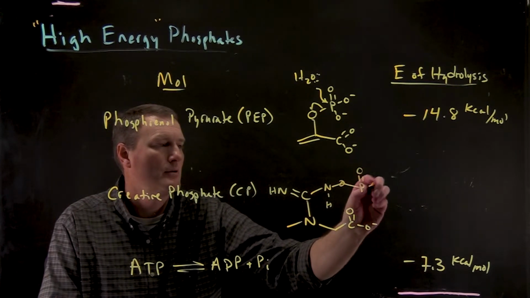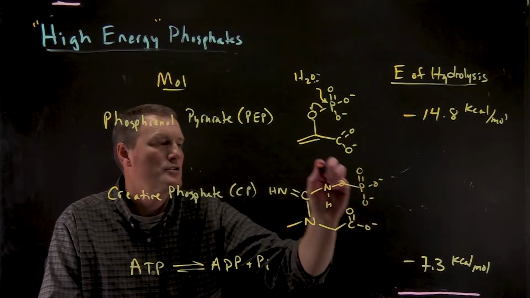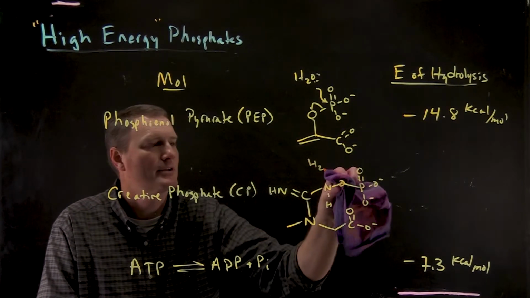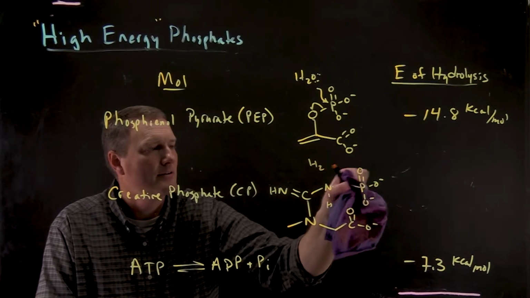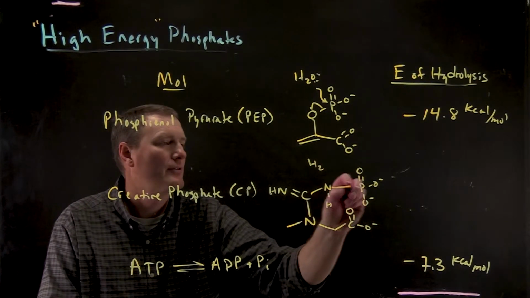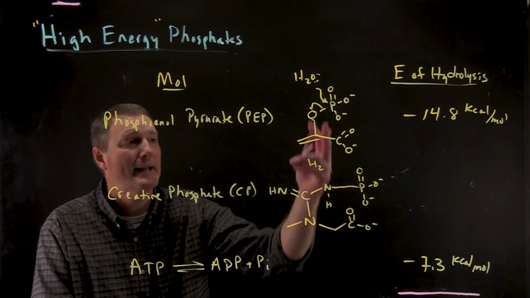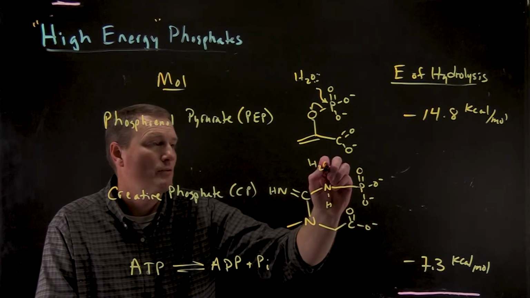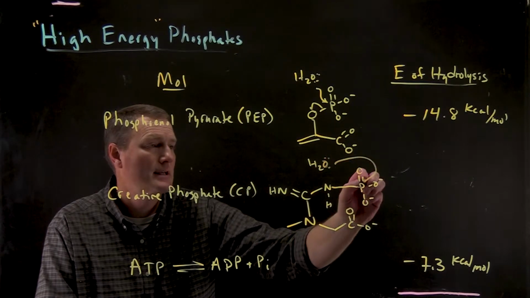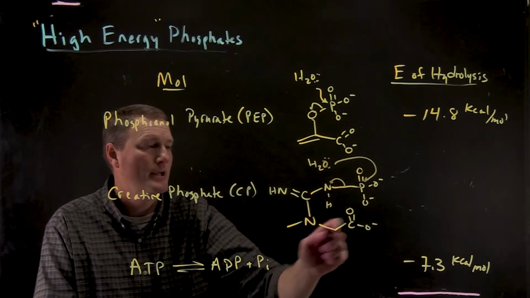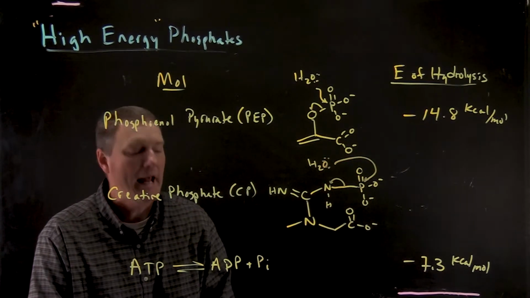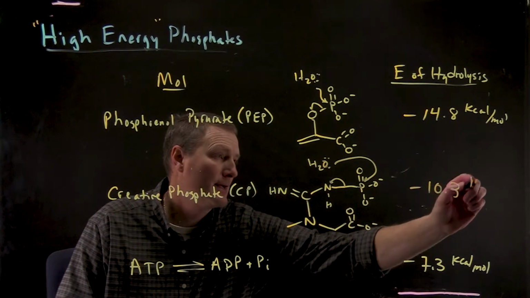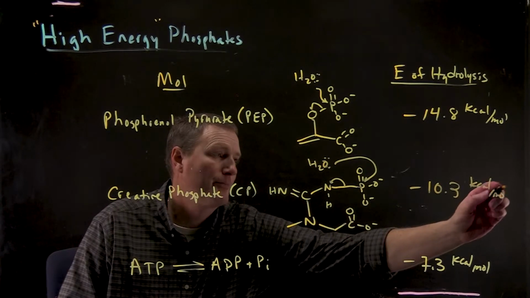O, P double bond O. So if you hydrolyze creatine phosphate, and actually there's not an oxygen there, sorry. There's just a bond right across there. This is actually not a phosphoanhydride. This is a phosphoamide bond. So if water hydrolyzes this, we then get the molecule here, which is just called creatine. And that, if you hydrolyze it, gives off 10.3 kilocalories per mole.